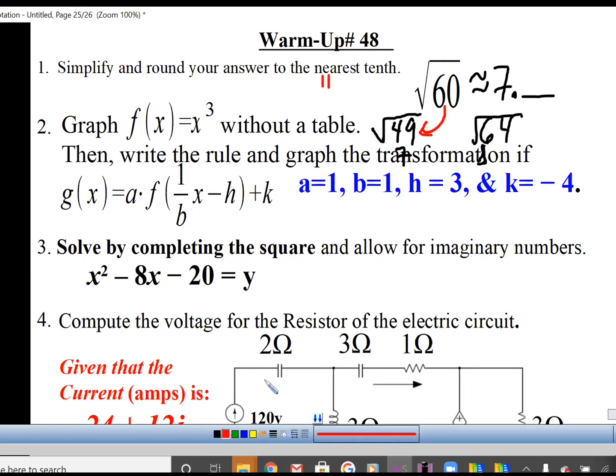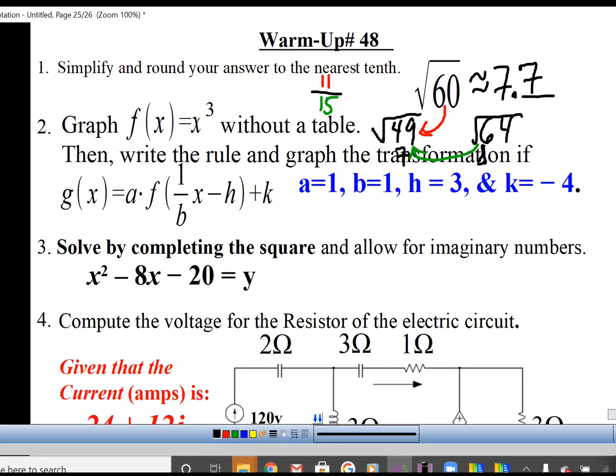That's 11 over. Then what is 64 minus 49? That is 15. And once you do the division, you get close to 7.7. Hands up if you got that. Yes, good, thank you. Let's go with number two.